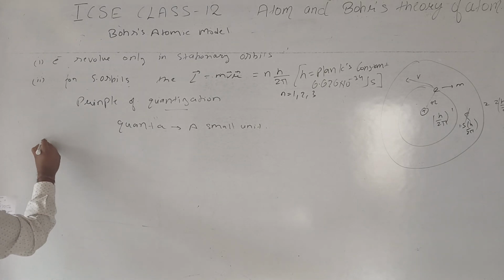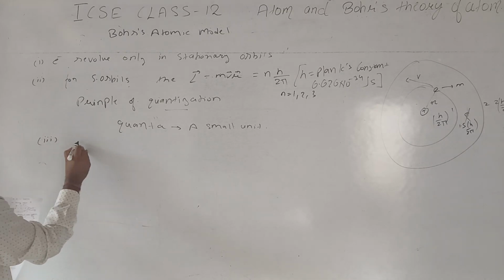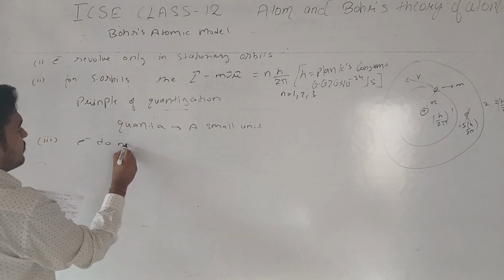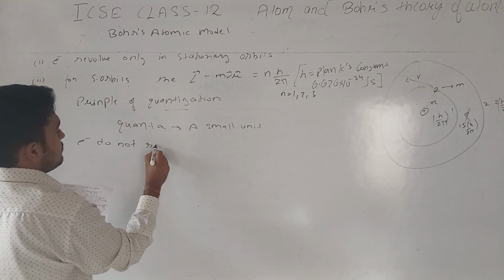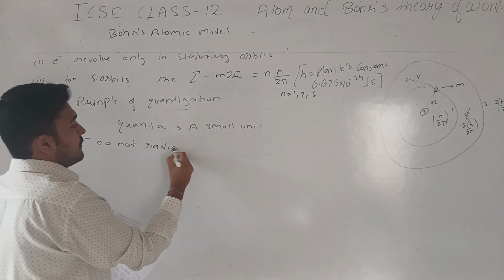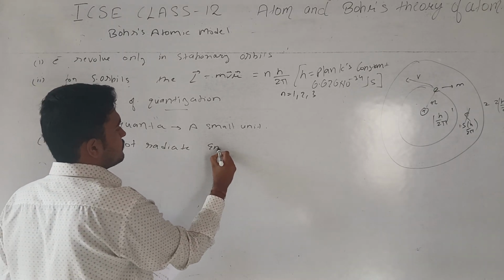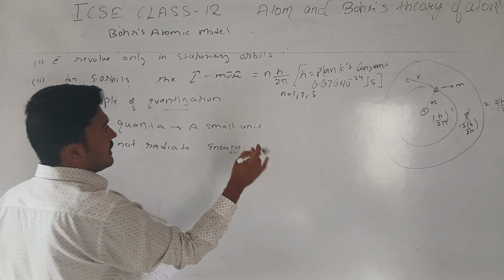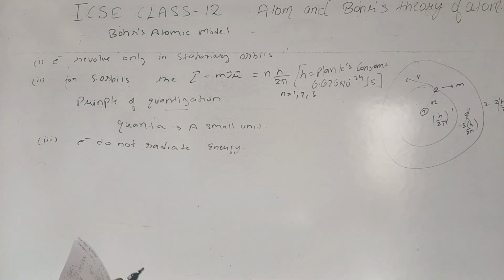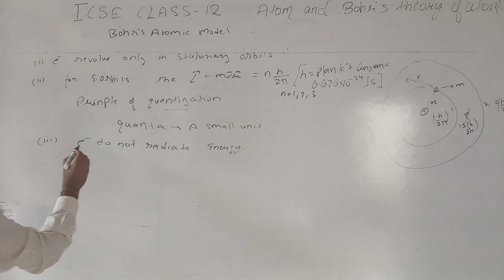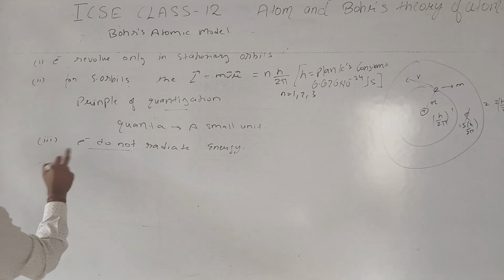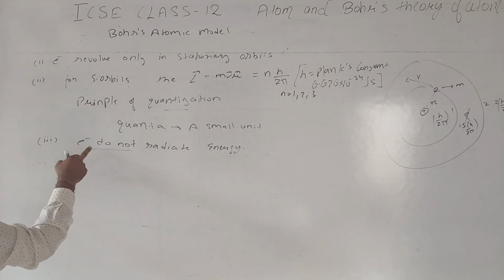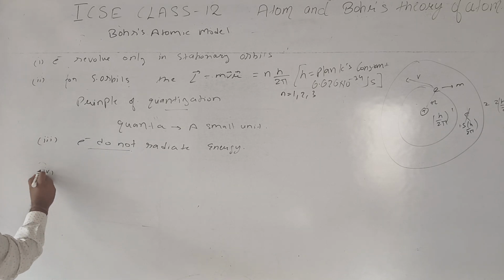The third point is that in stationary orbits, electrons do not radiate energy. This was the postulate which Rutherford was unable to explain. Fourth is energy.